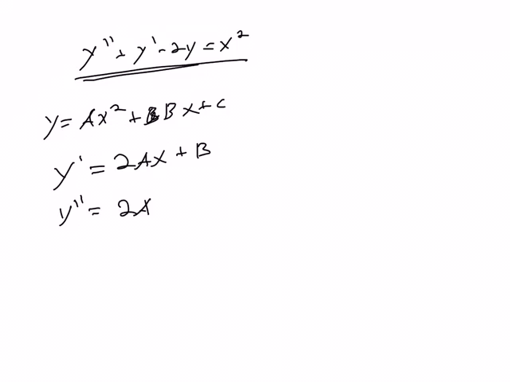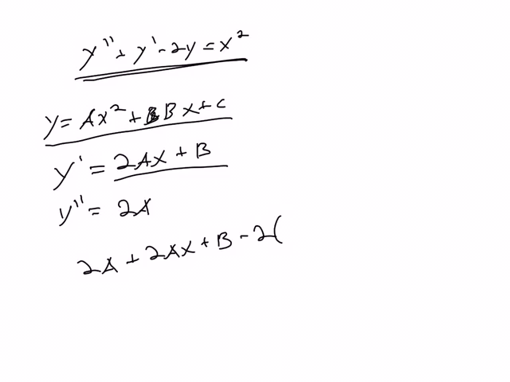So let's plug this in. We want 2a plus 2ax plus b minus 2 times ax squared plus bx plus c. We want all this to equal x squared.